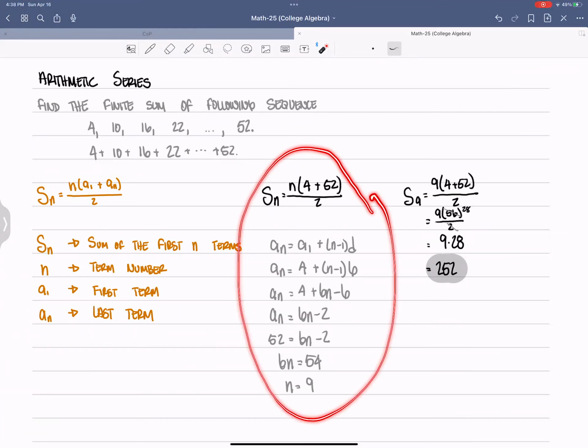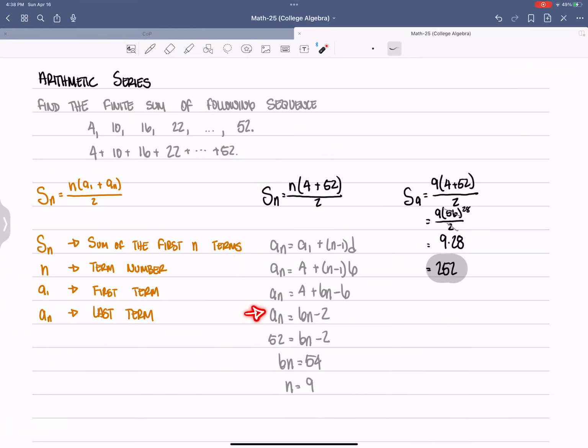Once we had our general term, we plugged in the value 52 and found that n equals 9. At that point, we were able to plug everything in and simplify, simplify, simplify, and ended up with this. So the sum of these 9 numbers in the sequence is 252.